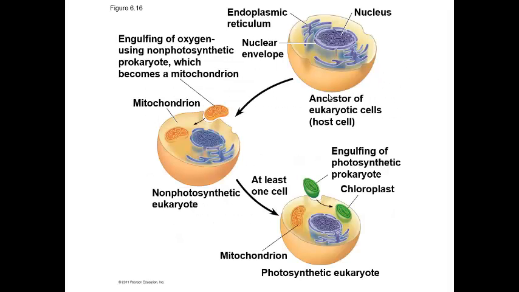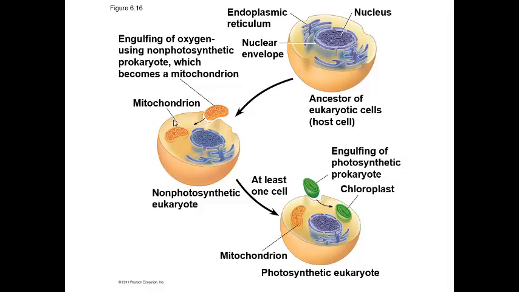We begin with the ancestor of all eukaryotic cells. It's very large, but it would not be able to become very complex because it did not have a rich source of ATP. It didn't have the fuel that it needed to run all of its chemical reactions.